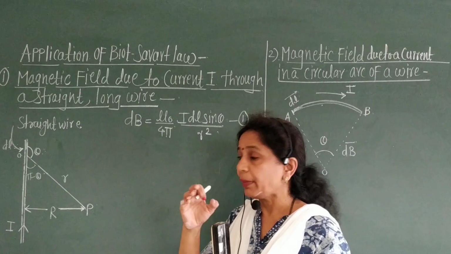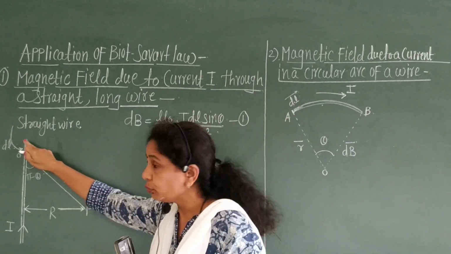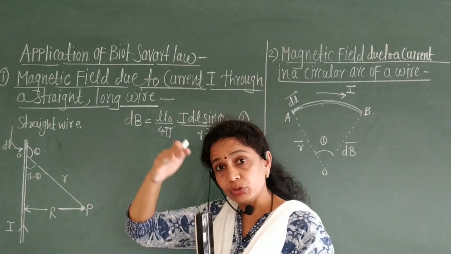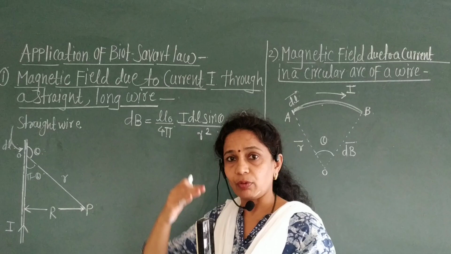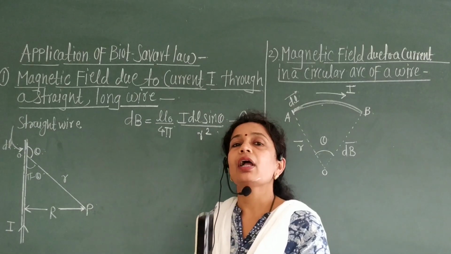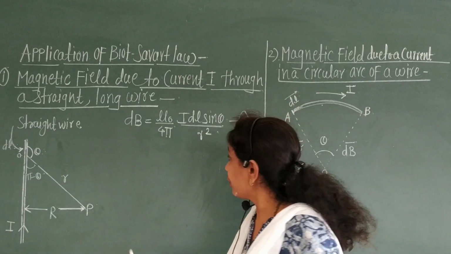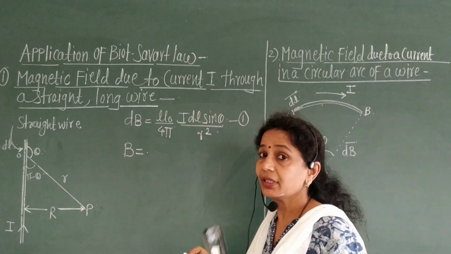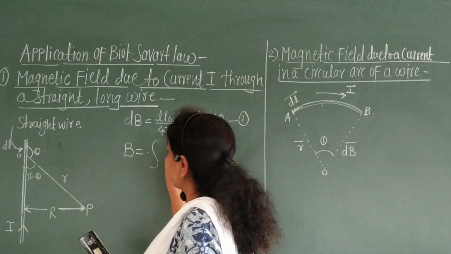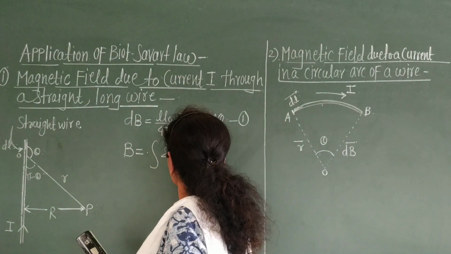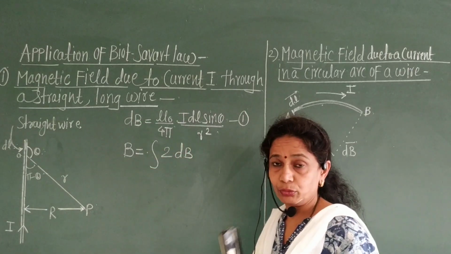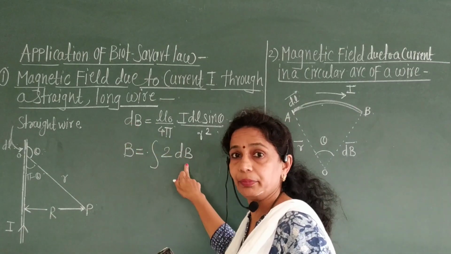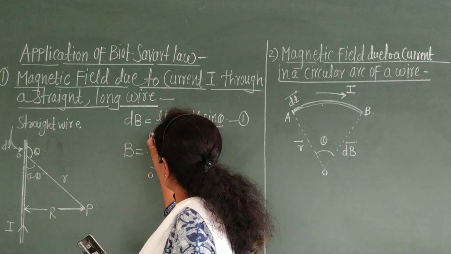We can calculate the magnetic field at point P due to the current carrying element of the upper half part of that wire and due to the lower half part of that wire. Therefore, the total magnetic induction at point P is equal to the integration of twice dB. We divided the wire into two parts. Therefore, it becomes twice dB from the limits 0 to infinity.